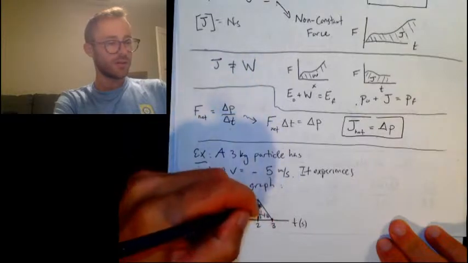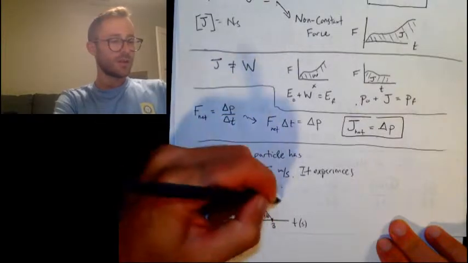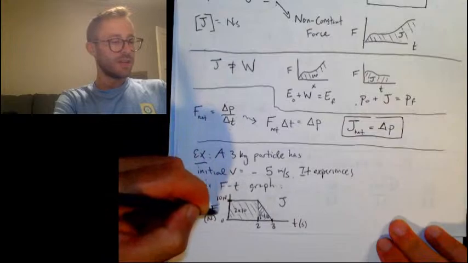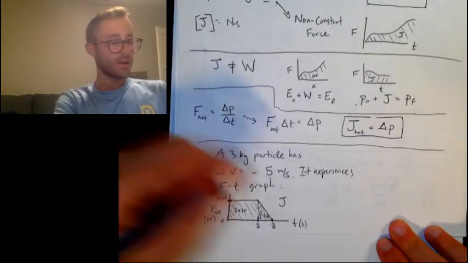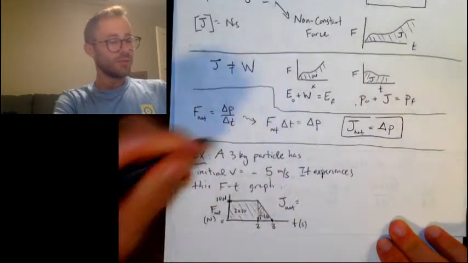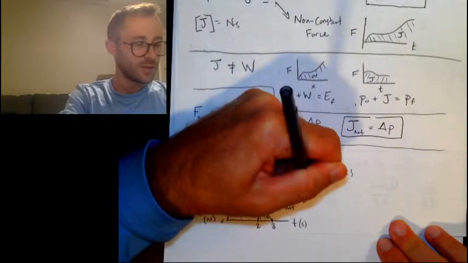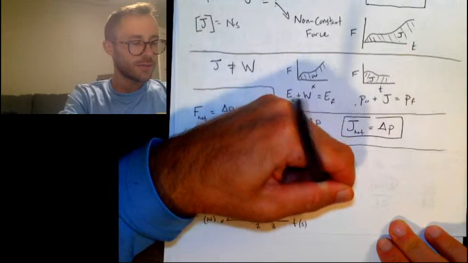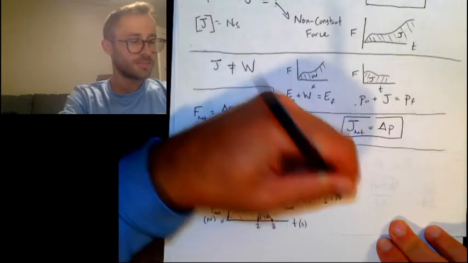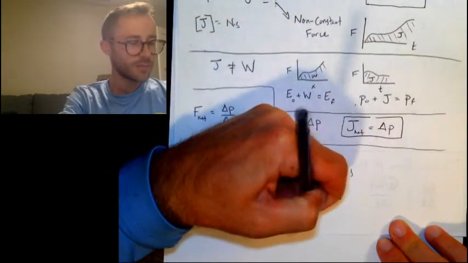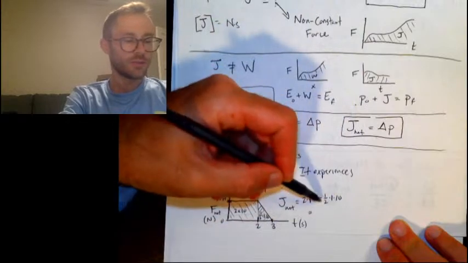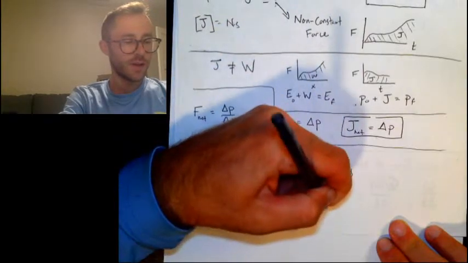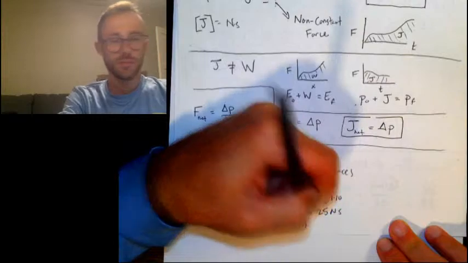By the way, this is the net force. So the net impulse is going to be 2 times 10 plus 1/2 times 1 times 10. That's 20 plus 5, 25 newton seconds is the impulse.